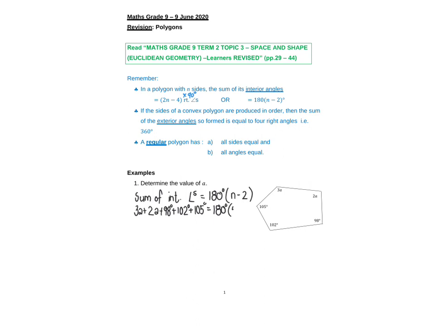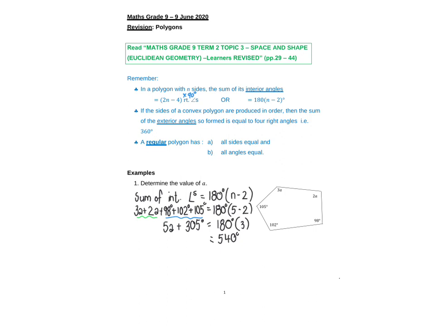So 5 sides and angles minus 2, and we can start adding like terms on the left hand side. 3a plus 2a are like terms, and the other like terms would be the sizes of the other angles. So 3a and 2a is 5a, and then 98 and 102 gives you 200, plus 105 gives you 305 degrees. That is equal to 180 times 3, which we know is equal to 540 degrees.